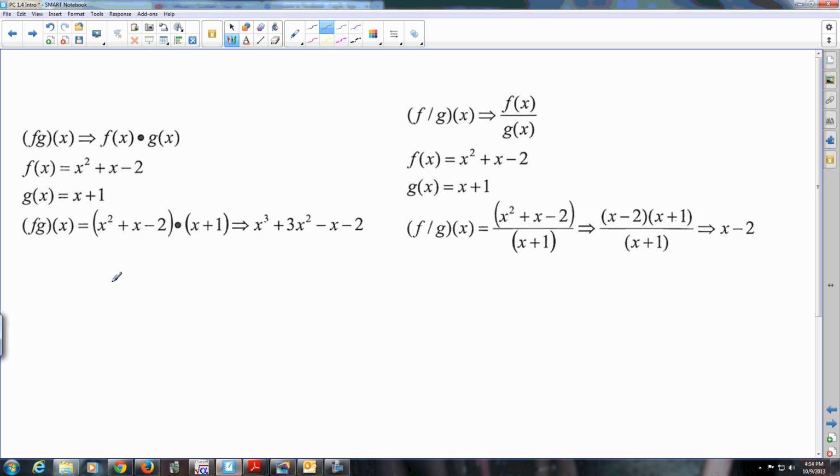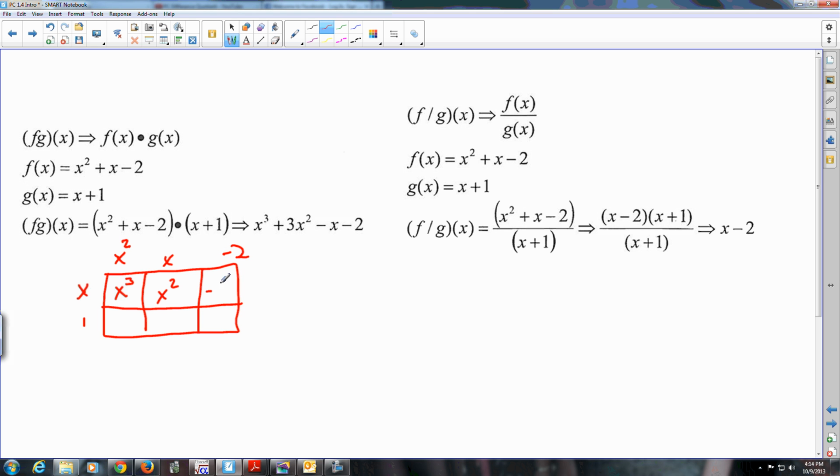There's another way you can do it, is that you draw yourself, in this case, a rectangle. I'm going to put x and 1 on one side, x squared, x, and minus 2 on the other, and then I'm going to multiply each box together. So that gives you x cubed. X times x gives you x squared.